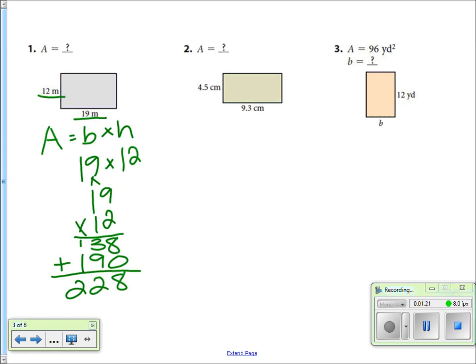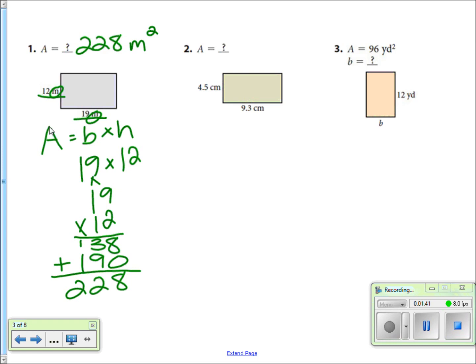So, the area for rectangle number 1 is 228 meters squared. We keep the same units given in the measurements of the rectangle, and we said before that units for area are squared.